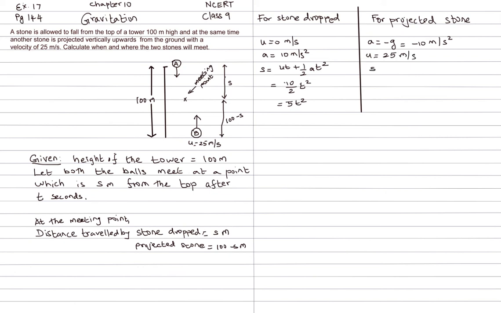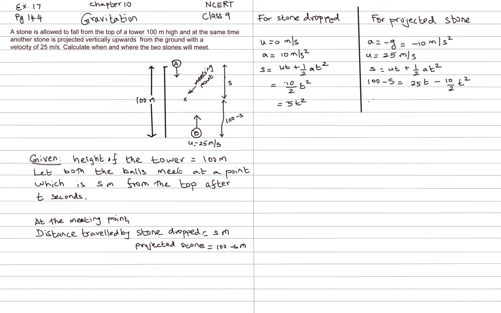So let us substitute in the second equation of motion, s equals ut plus half at square. What is s here? It has traveled 100 minus S meters, which is equal to 25t plus half times minus 10, so minus 10 by 2 is minus 5, times t square.